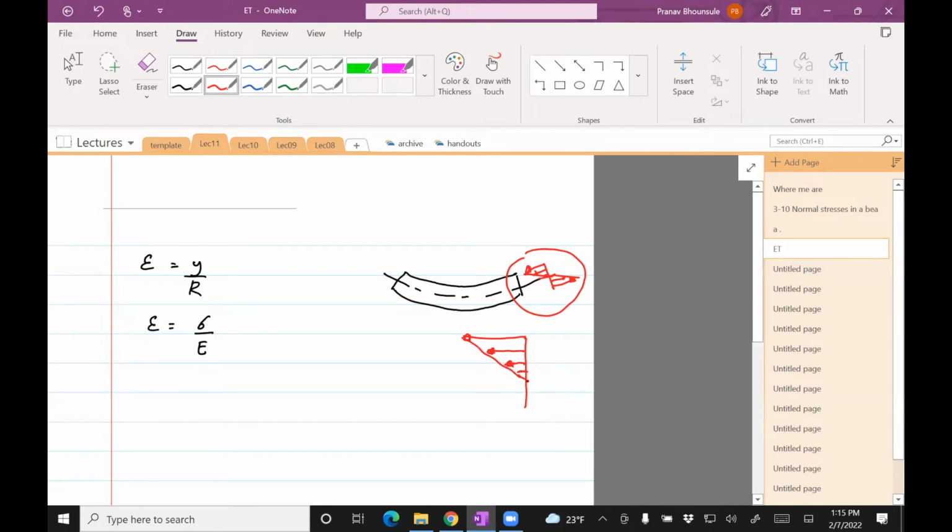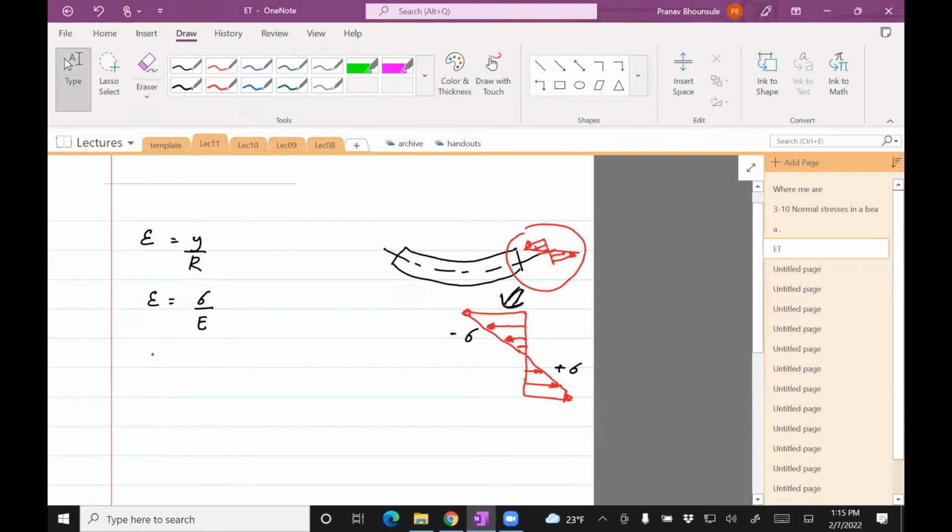The layer below is going to be in tension. The top layer is under compression because the length of the top layer decreases. So the strain is negative, and so stress is negative. This is sigma, very negative, and then this is plus sigma. So that's the stress which I wrote down there.